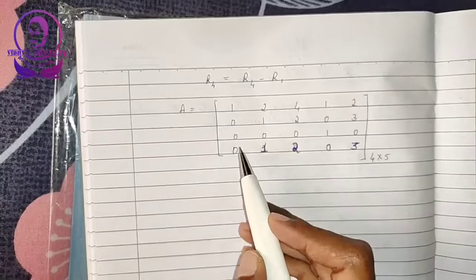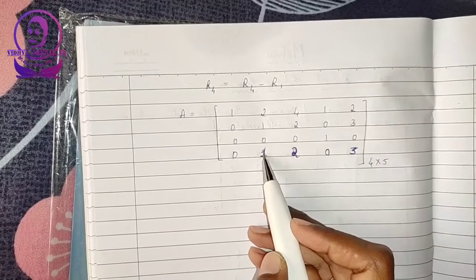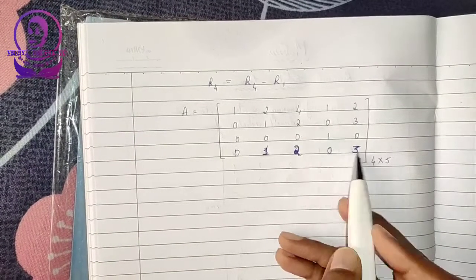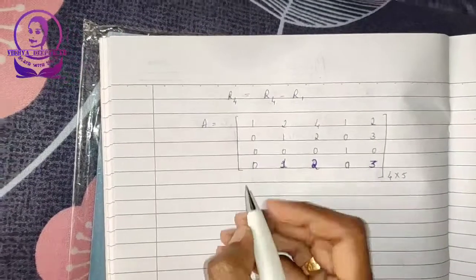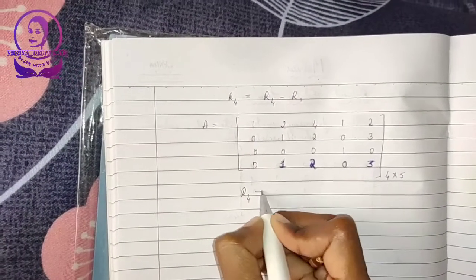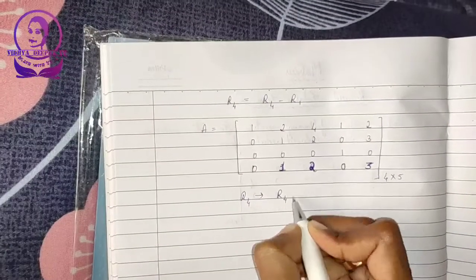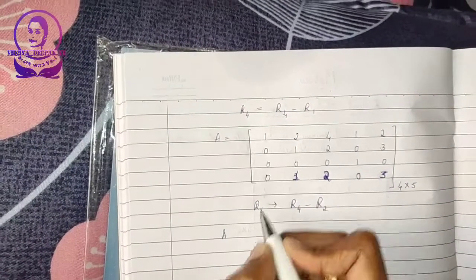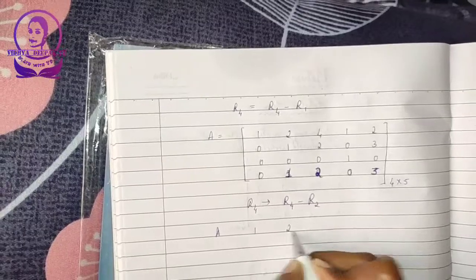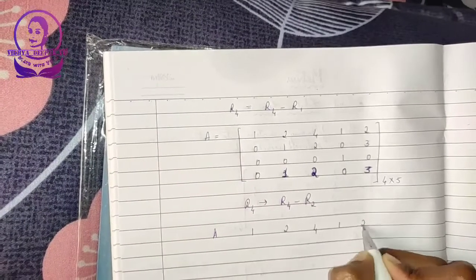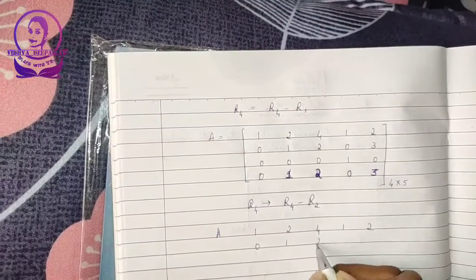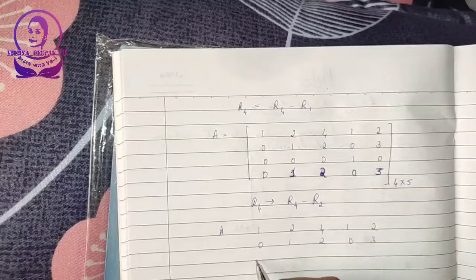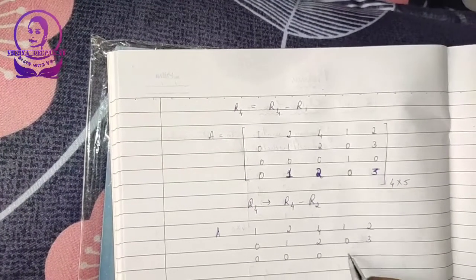Now if you observe properly, we can make this as 0: 1 minus 1, 0, 2 minus 2, 0, 3 minus 3, 0. That means our operation is R4 is equal to R4 minus R2. So what do we get? 1, 2, 4, 1, 2, 0, 1, 2, 0, 3, 0, 0, 0, 1, 0.